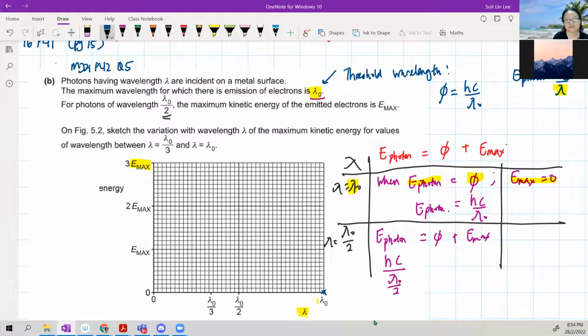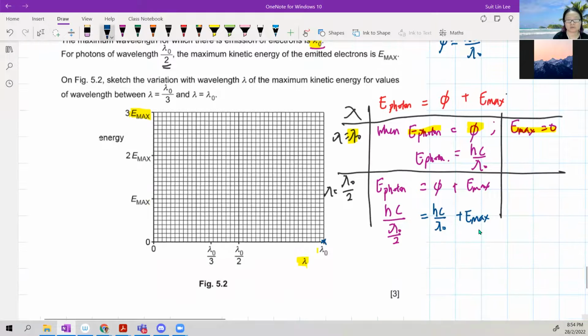Then this is hc over lambda naught, your work function. This is still hc over lambda naught. This is Emax. From here you can calculate your Emax, because this is 2hc over lambda naught minus hc over lambda naught, because I can bring this 1 over 2 and throw it up. So this is my new lambda.